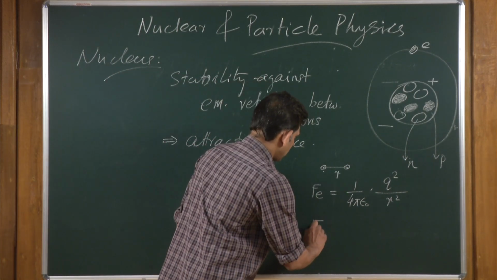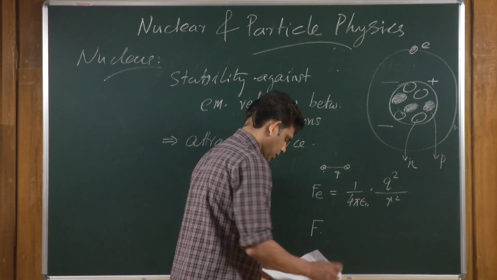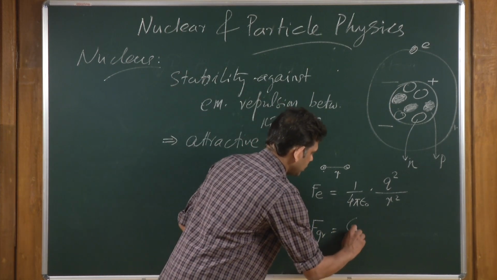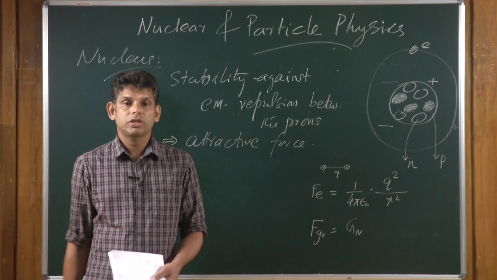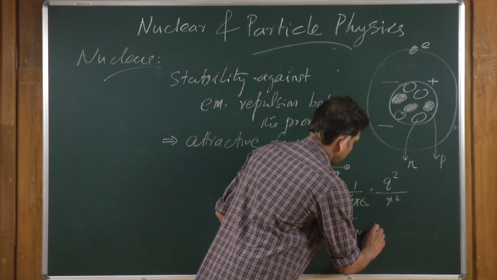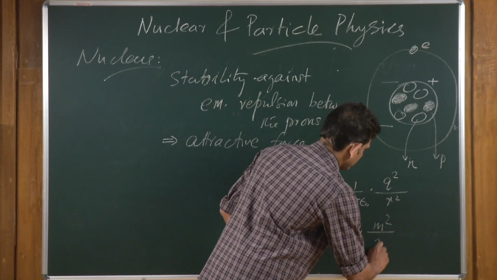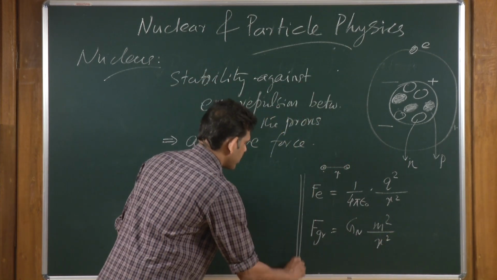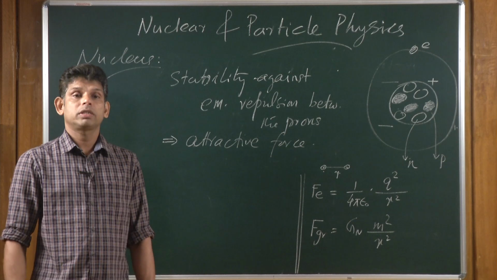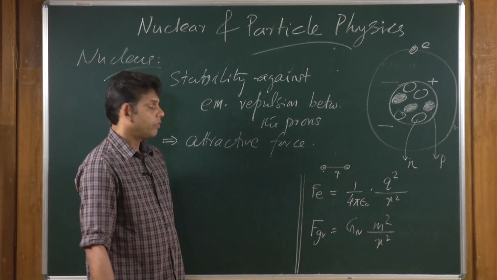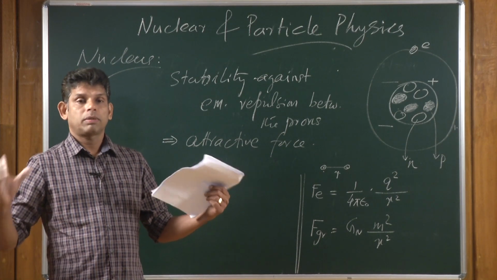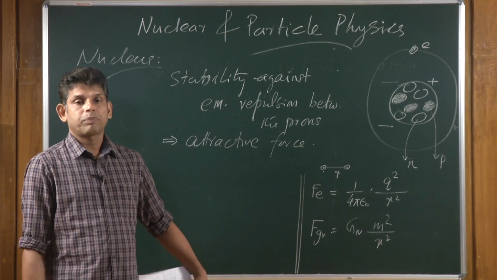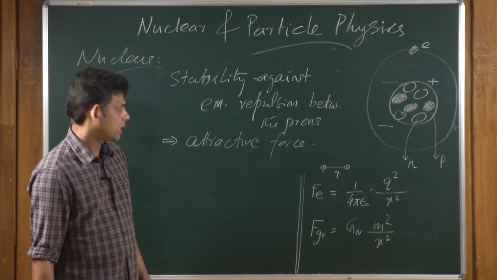What is the gravitational force between two protons? It is the Newtonian gravitational constant times the square of the mass, divided by r square. Let us compare these two and see which one is bigger. We need an attractive force which is larger than the repulsive electric force.